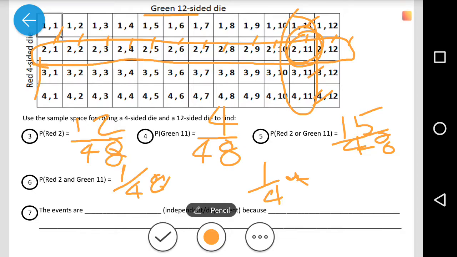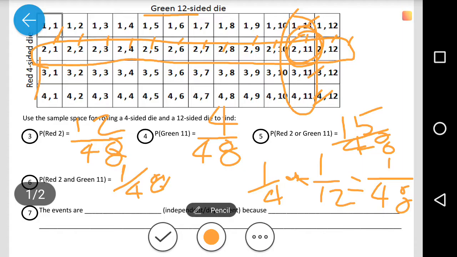That's a dot. I was trying to make a dot for multiplication. Then I have to multiply by the probability of a green 11. And I'm going to reduce that to 1/12. I divide the 4 by 4, I divide the 48 by 4, and I get 1/12. Then when I multiply those, 1 times 1 gives me 1, and 4 times 12 gives me 48.